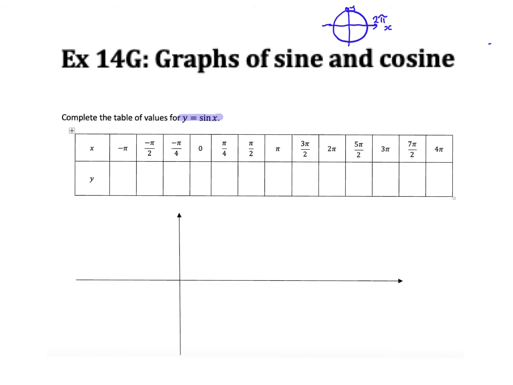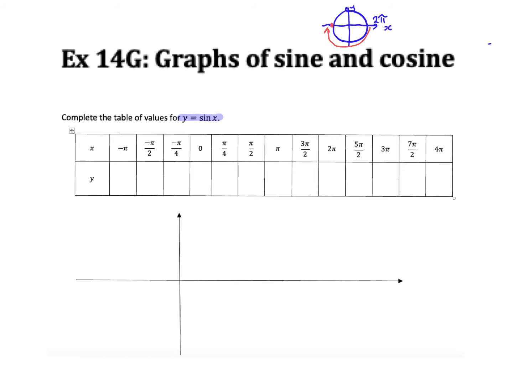Because you are also good at your exact values now, let's fill in this table before we do the graph. So if x is minus pi, for a sine graph, tell me when we're at minus pi, so that means we've gone around this way, what value is sine here? 0.